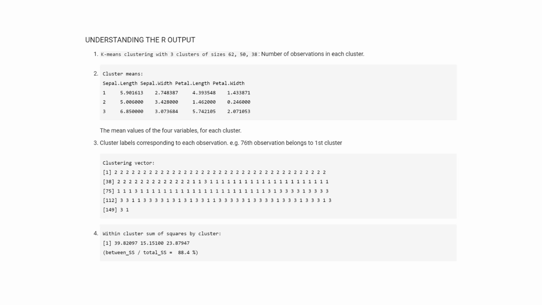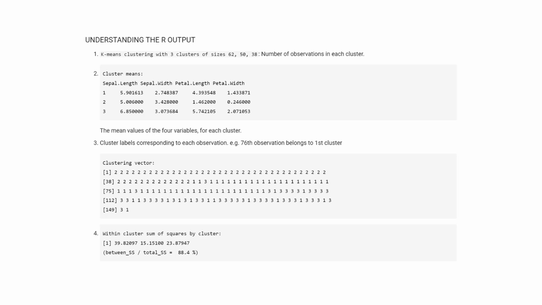First of all, k-means clustering with 3 clusters of sizes 62, 50 and 38 tells us that the computer has assigned these many observations in each cluster. Next we have the mean values of the 4 features for the 3 different clusters.